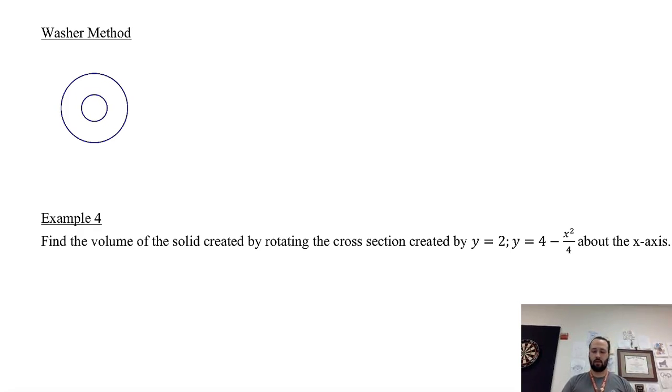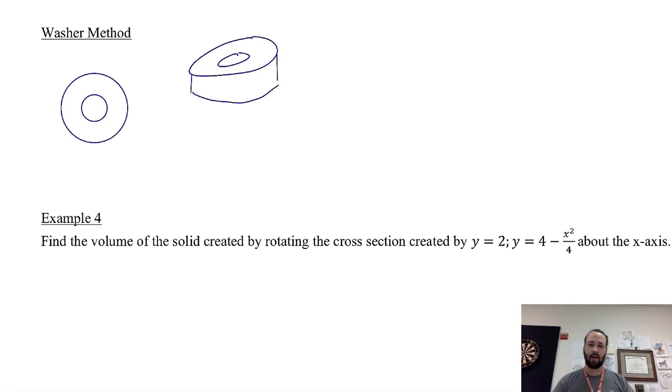But such that all this area would be like metal or plastic or something like that, but you could put a screw through it such that the screw holds the thing together better. It just gives essentially the screw more surface area. But moral of the story, the washer method, if I'm looking at it from the side, is similar to our disk method, except there are going to be 2 radii.